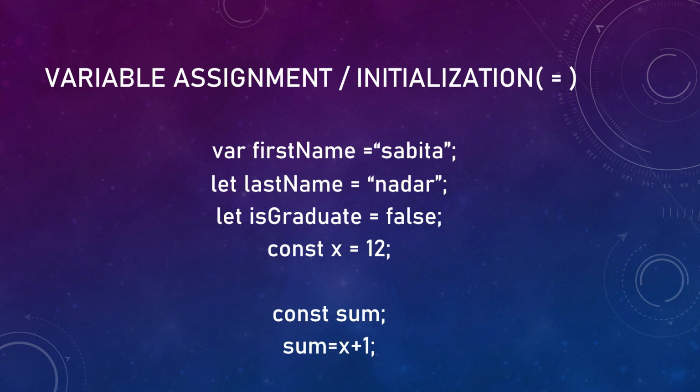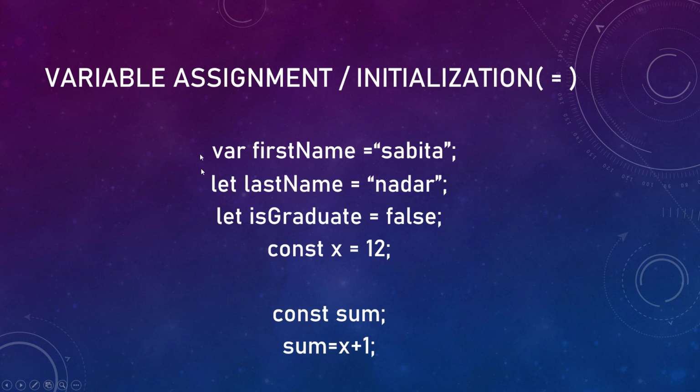Whatever is at the left hand side of the equal operator should be some variable, and the right hand side should be some value or some expression. Okay. So the first example is var firstName equal to Sabita.